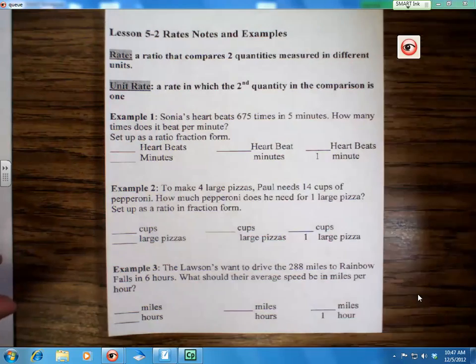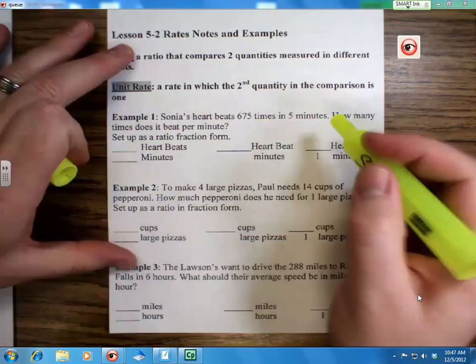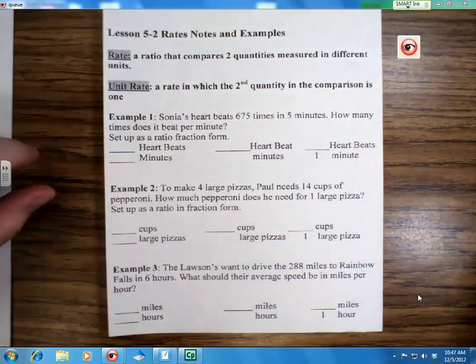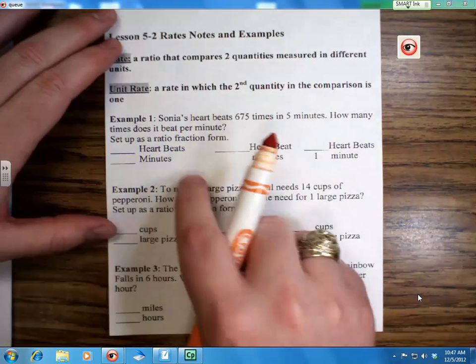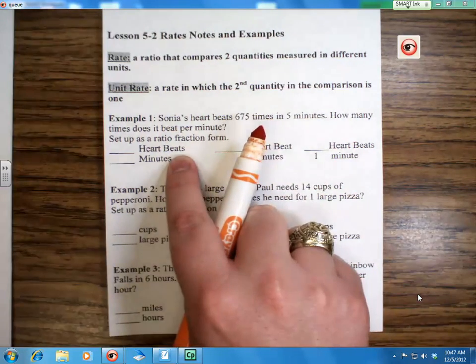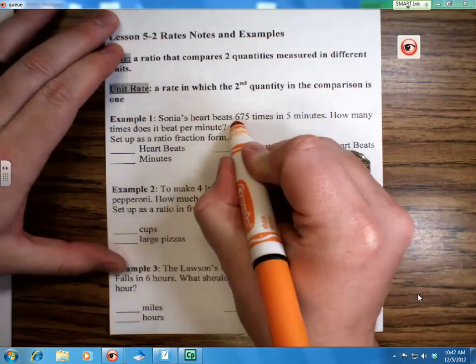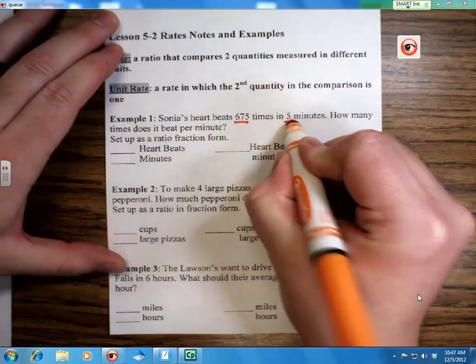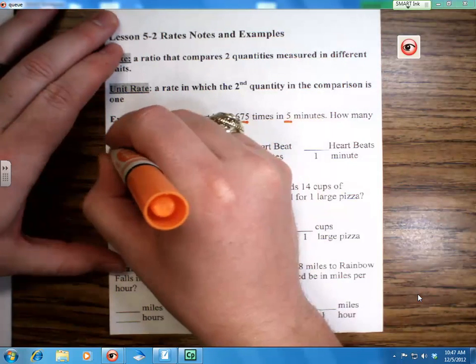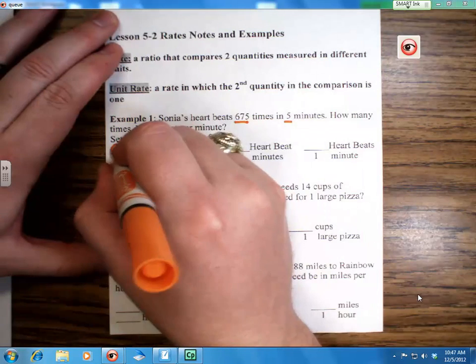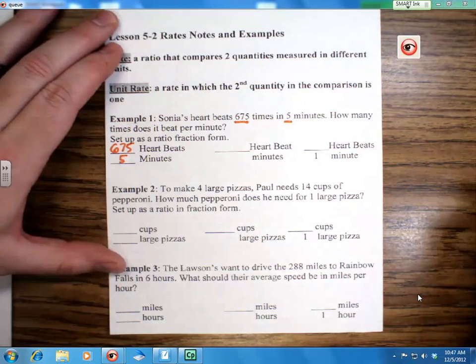So we're looking for how many times does it beat in 1 minute? Well, the first thing we need to do is identify how many heartbeats for how many minutes. Well, we have 675 times in 5 minutes. So we'd have 675 right there over 5 minutes.